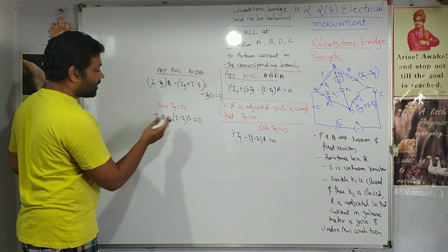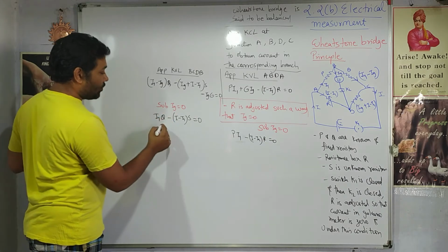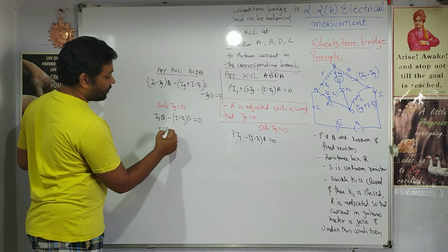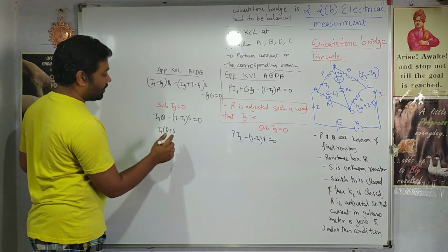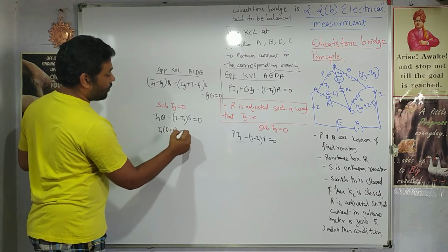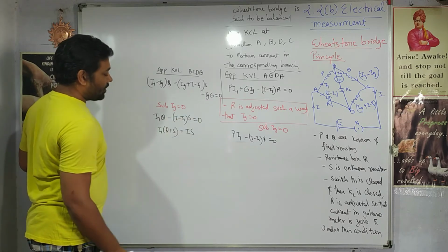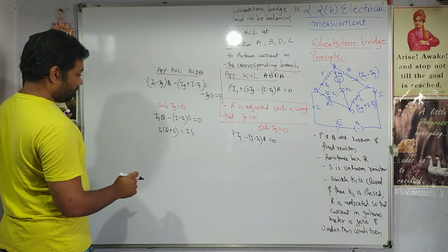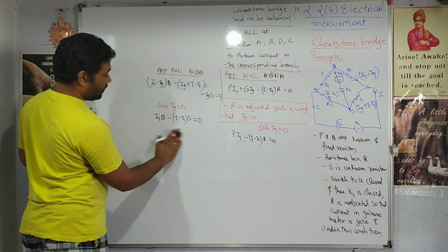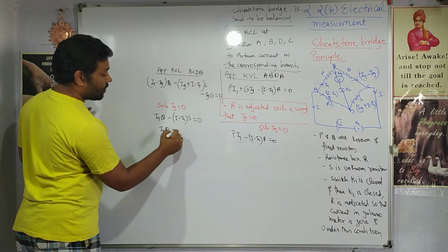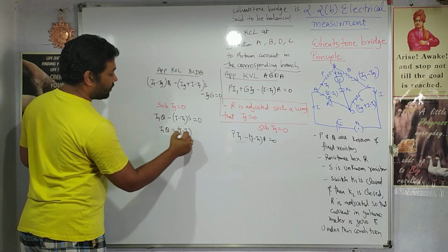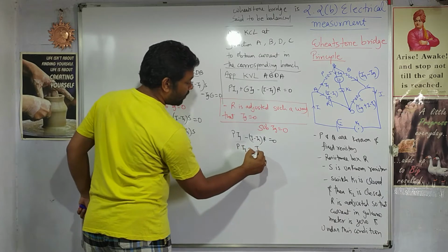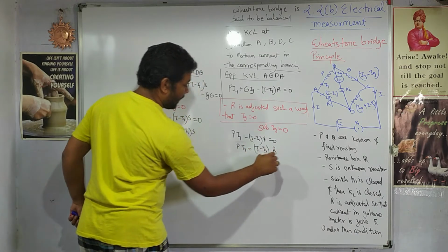Further simplifying, taking all I1 together and I together, it will be I1 Q is equal to I minus I1 into S, and on this side, P I1 is equal to I minus I1 into R.